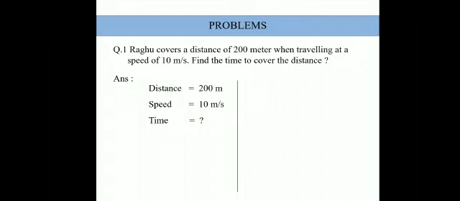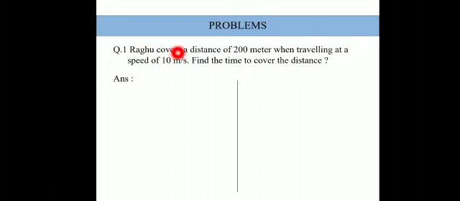And he was traveling at a speed of 10 meter per second, maybe riding his bicycle. So the speed of the bicycle is 10 meter per second. Or maybe a scooter, but for a scooter it will be very slow, other people will crash him. Okay, so we'll take it as a bicycle.